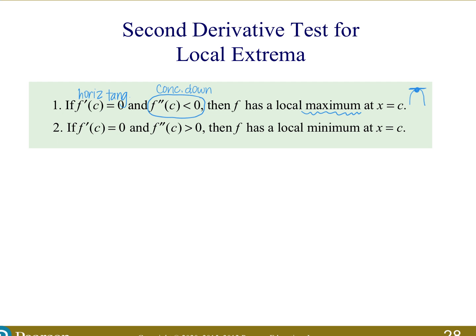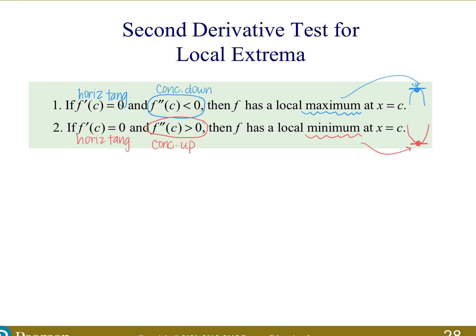So the flip side is if you have a horizontal tangent, f prime equals 0, and if f double prime is concave up, then we have a local minimum. So again, I say draw it. Draw a horizontal tangent and draw something that is concave up attached to that. That is a minimum value right there.